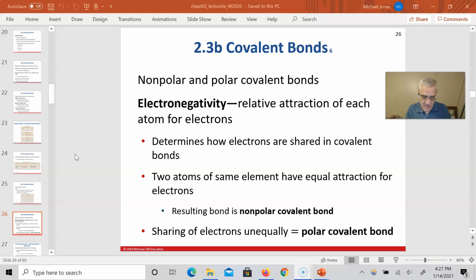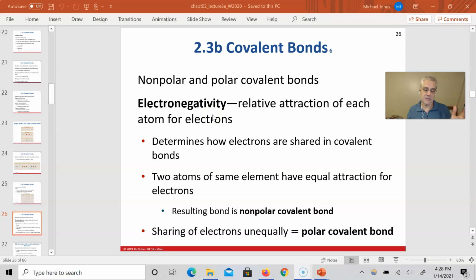This is the essence of water. I am describing water. We'll get to that in a moment, but this is why water is the coolest thing ever. If they share that electron exactly evenly, we say that's a nonpolar covalent bond. If it has some polarity to it, that is described as electronegativity.